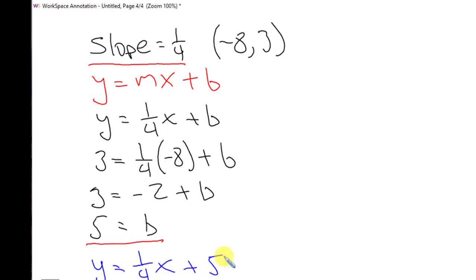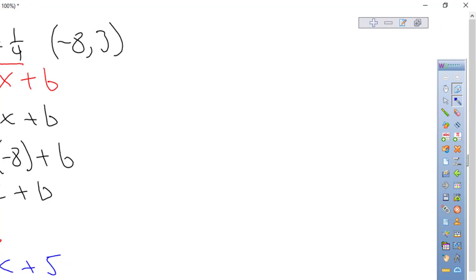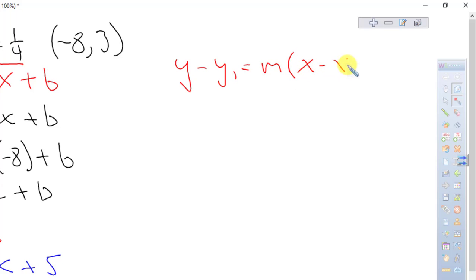Now there is a second way that we can solve this. We can use what's called the point-slope form of an equation. So not the y-intercept form, but the point-slope form, which looks like this. Y minus y1 is equal to m, or my slope, times x minus x1. Now initially this is a little bit easier to use because I just need to know the slope, which again I do, it's 1/4.